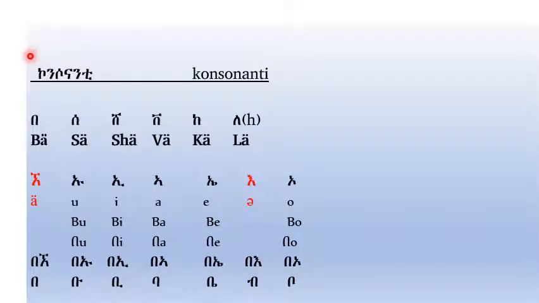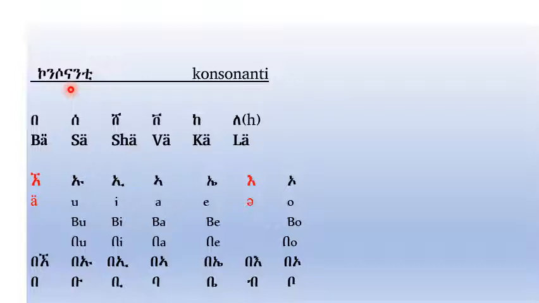Okay, now we have learned the vowels of Amharic, or writing vowels in Amharic, the next step is to learn some consonants. Consonants. Don't worry, they look difficult, but they are not.